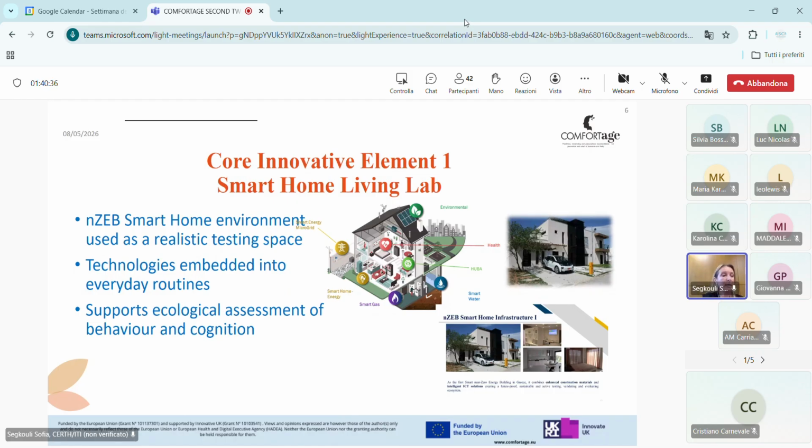Unlike traditional clinical settings, which can feel intimidating, cutting-edge technologies are embedded into everyday routines. This means that as participants engage in standard domestic activities such as making a coffee, watching TV, or moving from room to room, our sensors and smart systems are gathering data in the background without disrupting the natural flow of their day.